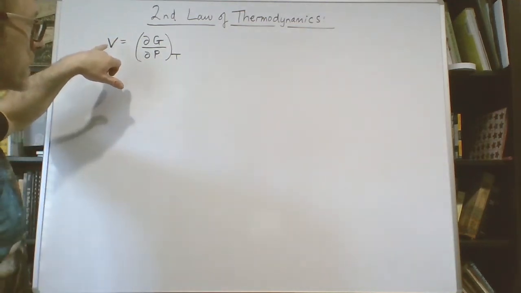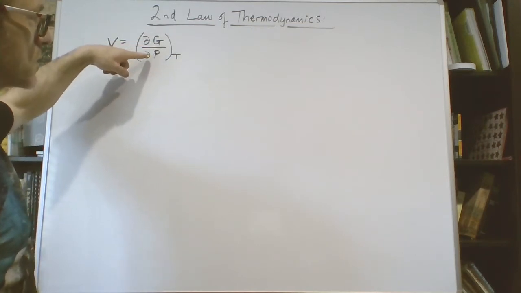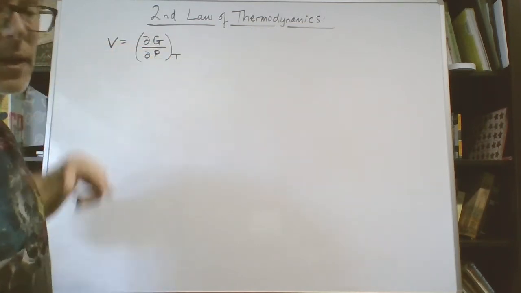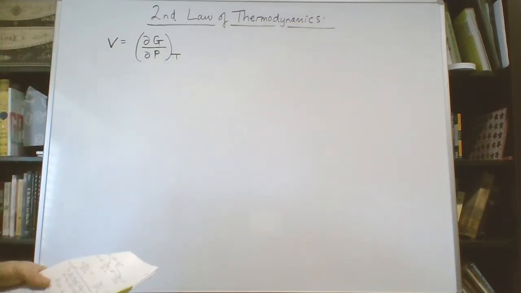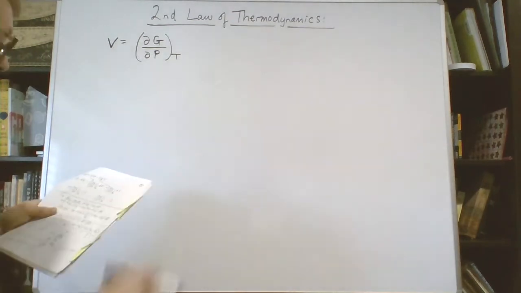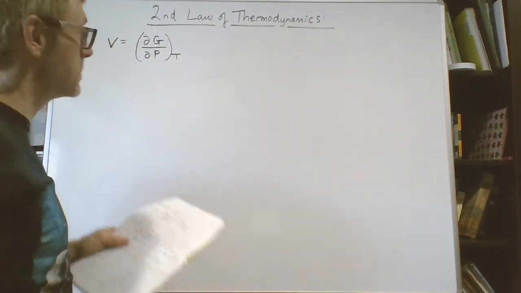So we've got a way of looking at volume. Volume is the ratio of Gibbs free energy change as pressure changes while holding temperature fixed. We can write this as a single line equation by just multiplying throughout by dP.